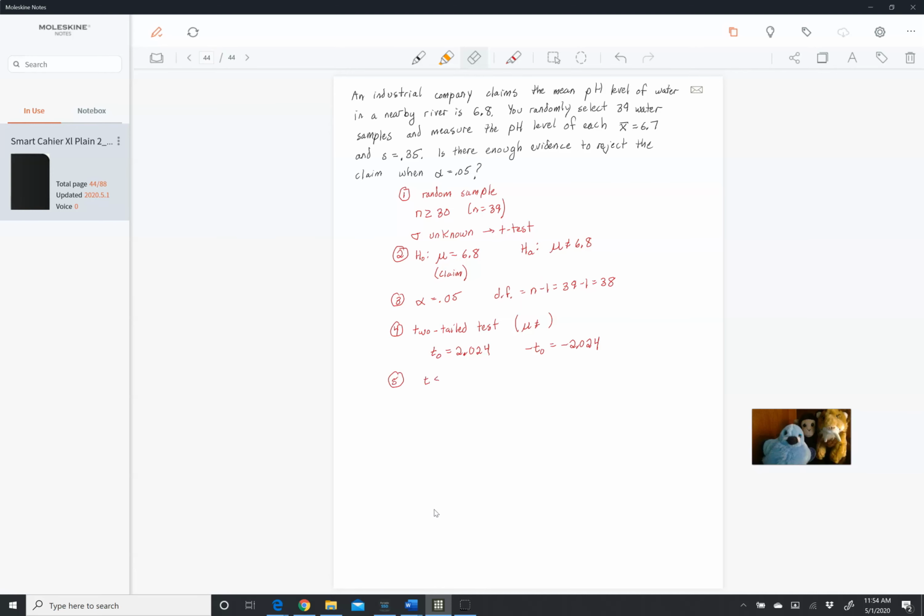Either t is less than our negative t sub 0, or our t is greater than our positive t sub 0. So either t is less than negative 2.024, or t is greater than 2.024. This is our rejection region.